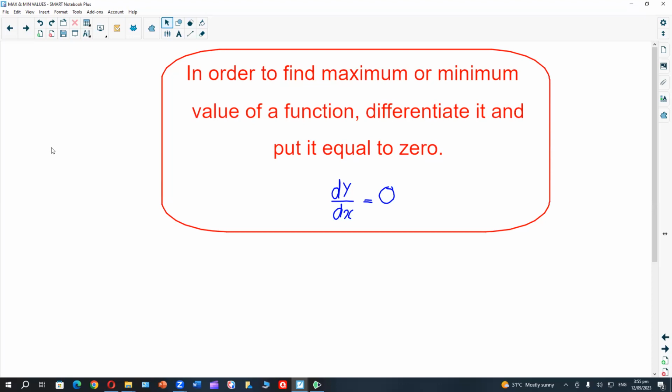When you want to find maximum or minimum value of a function, differentiate it and put it equal to 0. Solve it. I'm done with this, sir.